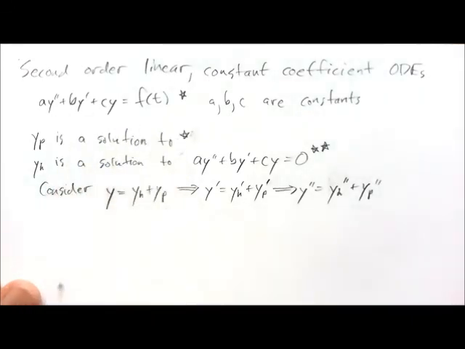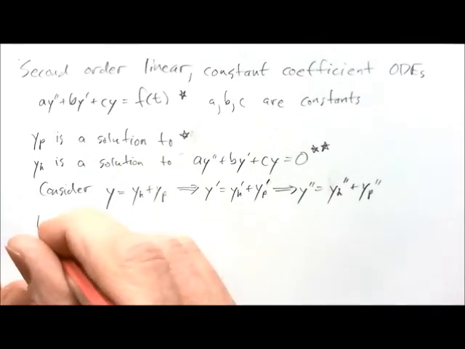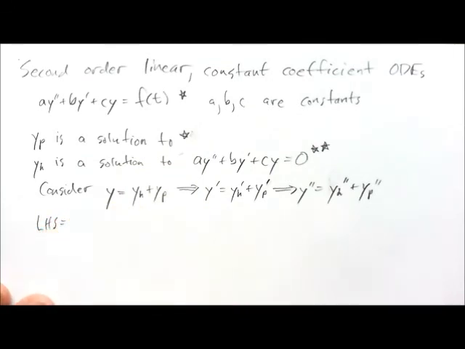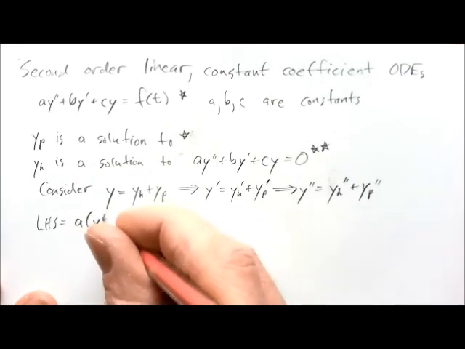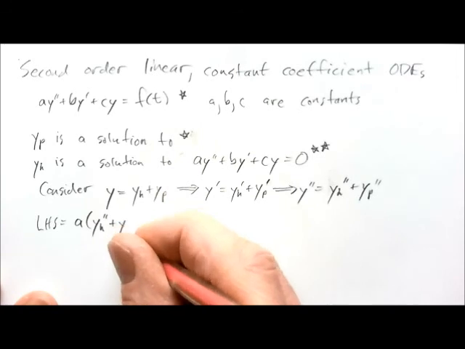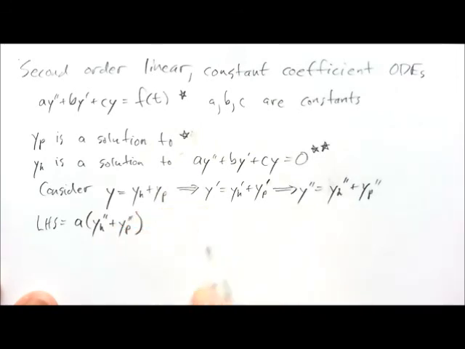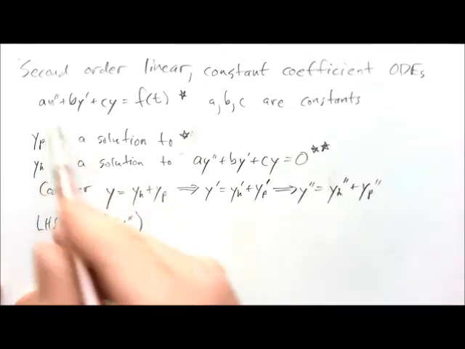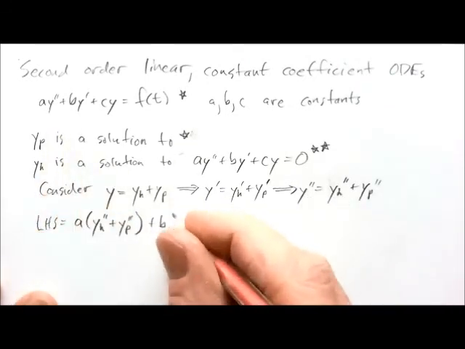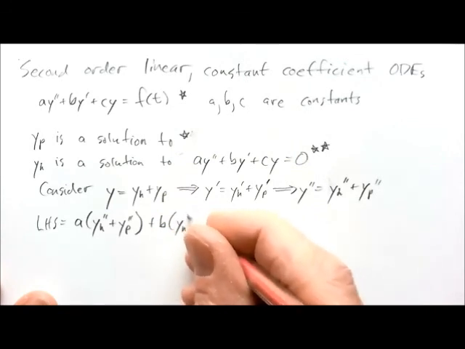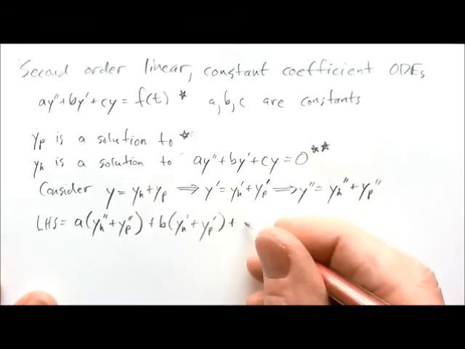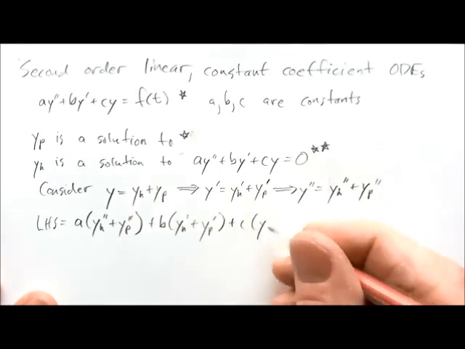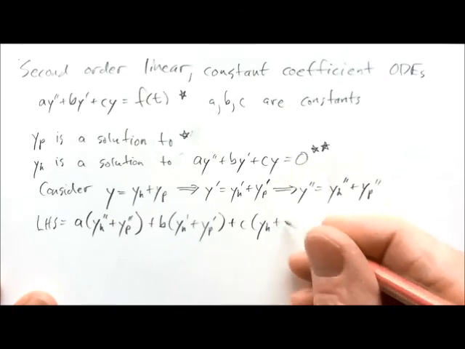So the left-hand side equals a times y sub h double prime plus y sub p double prime, because I'm substituting this y, the sum of those two, in for y, plus b times y sub h prime plus y sub p prime, plus c times y sub h plus y sub p.